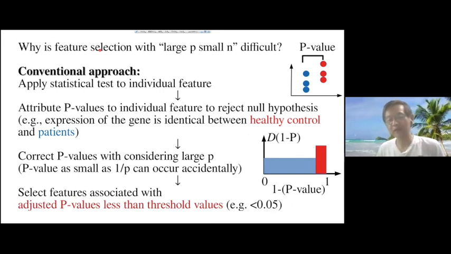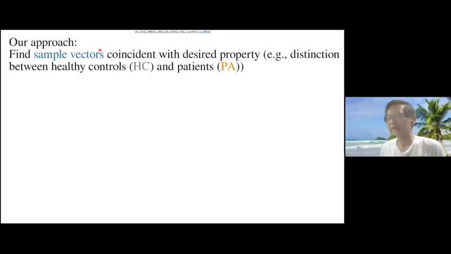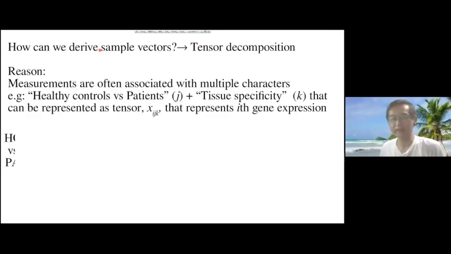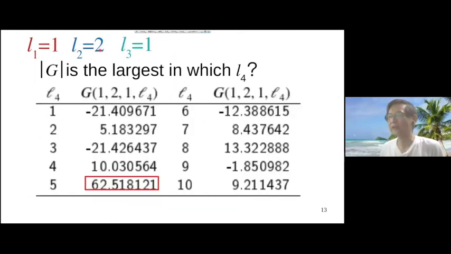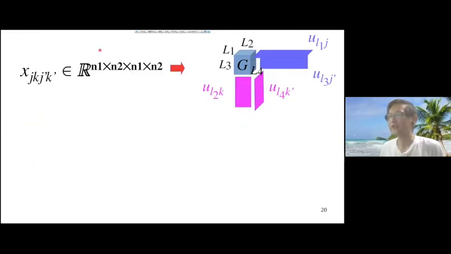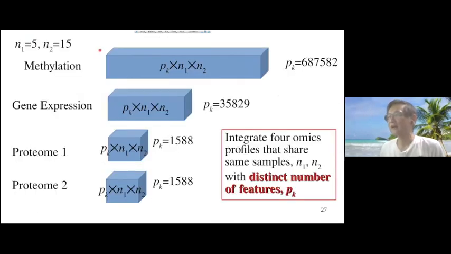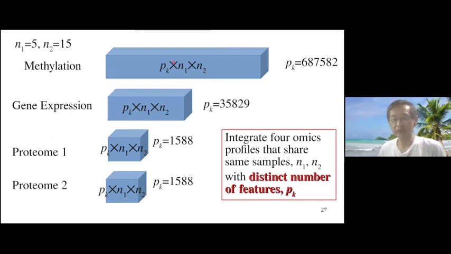But my method is not restricted to sequencing datasets, because in the last example I integrated a sequencing dataset and a microarray dataset, as this is a multi-omics dataset. So in this last case we cannot use edgeR or DESeq, because the methylation dataset is not a sequencing dataset, so we cannot use this kind of strategy.